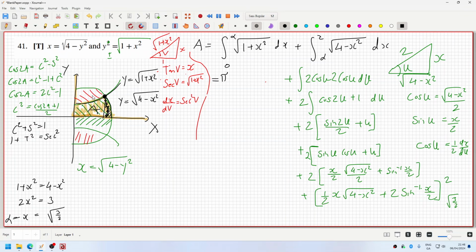But by symmetry, this point here is 1, and that's 2. Ooh, by symmetry, is that piece the same as that? So, see.